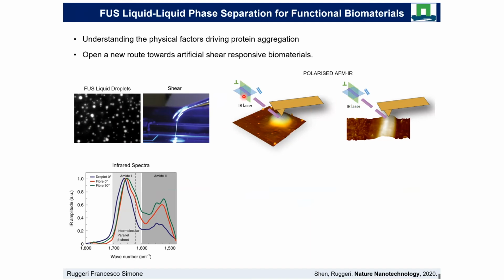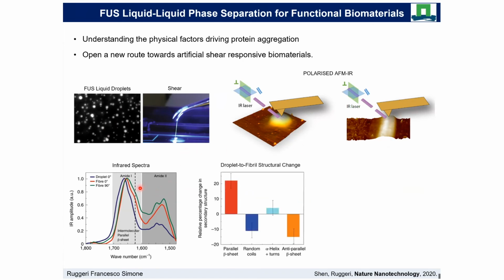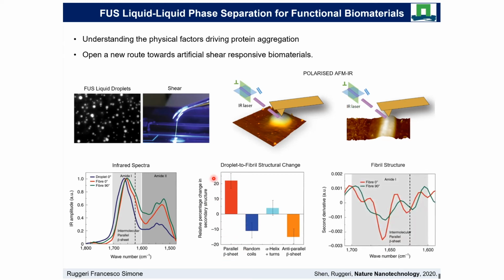So what we did, we used nanopolarization infrared spectroscopy to study the anisotropy of these aggregates. And what we could understand is that going from the droplet to the fibrillar state, as expected, we had an increase of intermolecular beta sheet content. In particular, what we could observe is that the fibrillar structure was dependent on the polarization of the IR light that we were using.